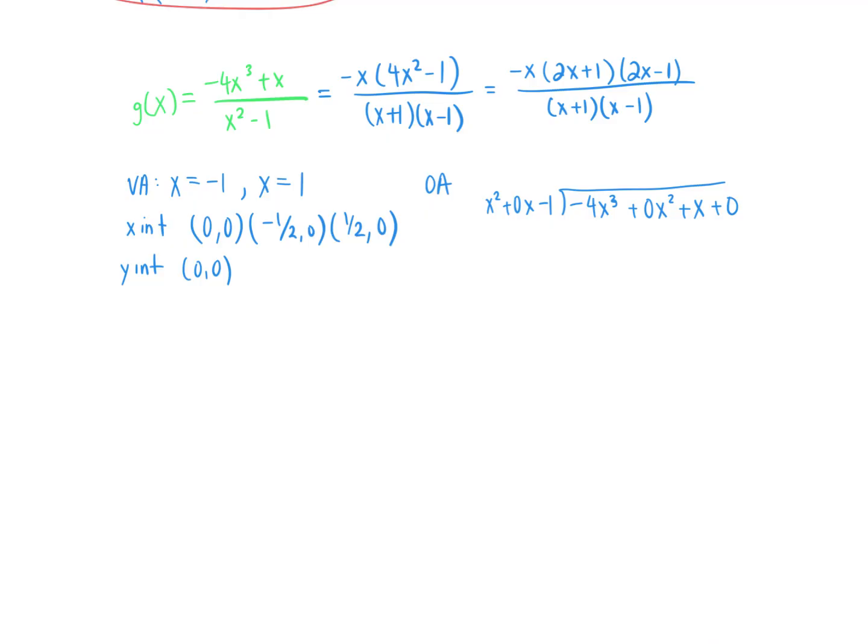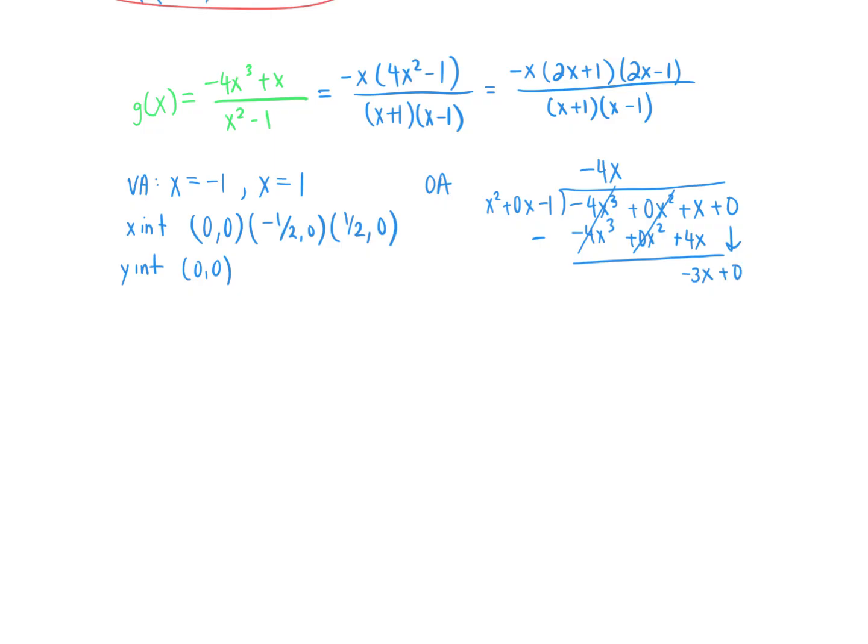All right. And now I ask myself, what times x squared gives me negative 4x cubed? Well, that's negative 4x. So negative 4x cubed, and then negative 4x times 0 is 0. Negative 4x times negative 1 is positive 4x. And now we subtract. The x cubes cancel out, the x squares are gone, and then x minus 4x is negative 3x.